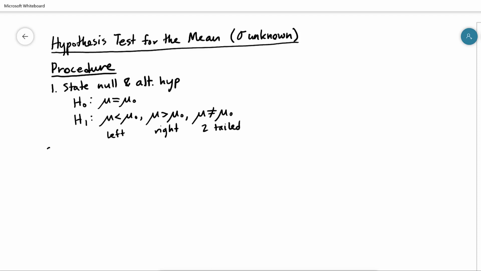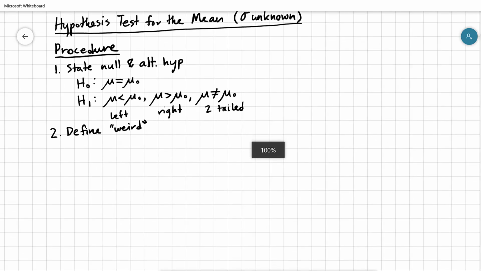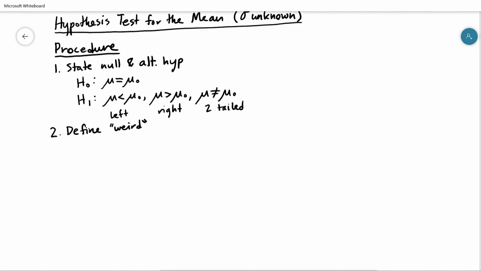In the second step, this is where we define what we're going to consider weird. Depending on which approach we're taking, remember there's two approaches: the critical value method and the p-value method. If we're doing the p-value method, this is super straightforward.